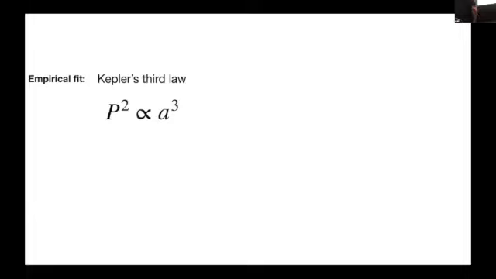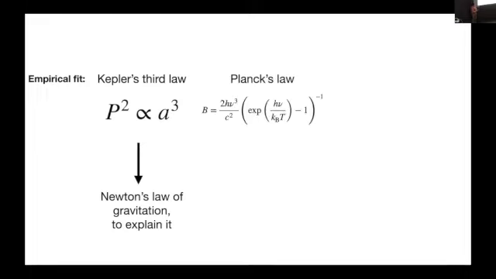But I think the issue with machine learning here is that the history of science has been, if you look back at Kepler's third law, this was the motivator for Newton's law of gravitation to explain that. We understand Kepler's third law and we try to explain it with theory.